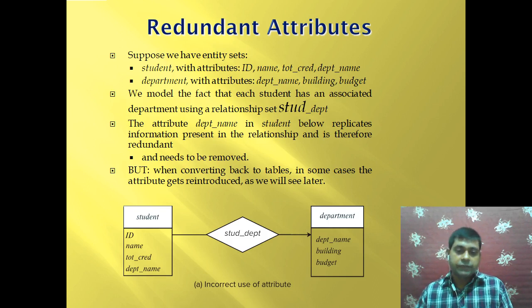So this is the relationship set, but here you see the attribute department name in the student table replicates information present in the relationship and is therefore redundant and needs to be removed. But when converting back to the tables, in some cases the attributes get reintroduced, as we will see later, but this is how the redundancy occurs in this case.